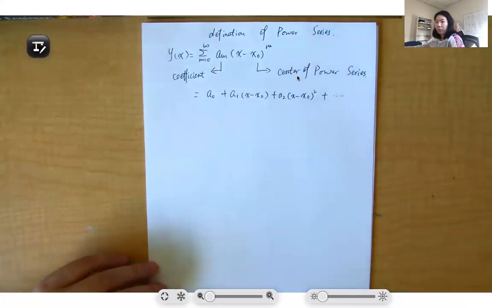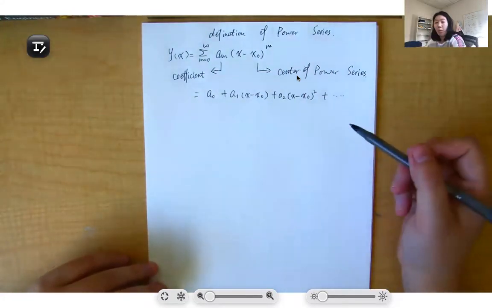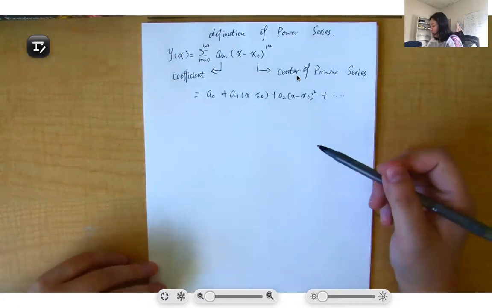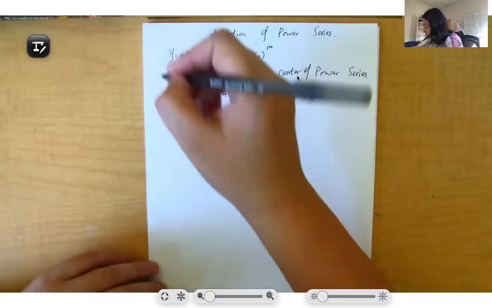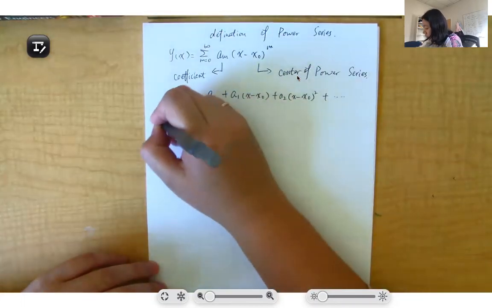Then we will go to the topic of how we can program this power series, and what needs to be careful about when we see one. Okay, so this is the definition of the power series. The second part, we will go to the programming.